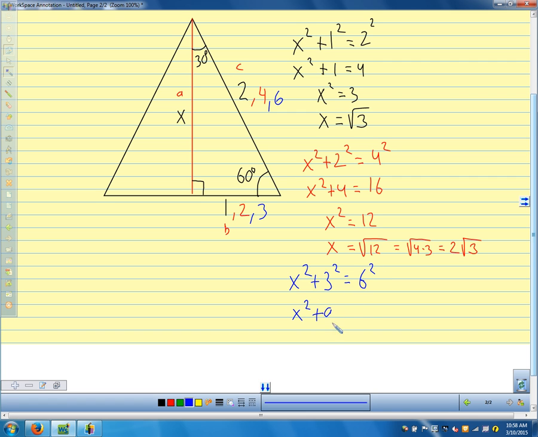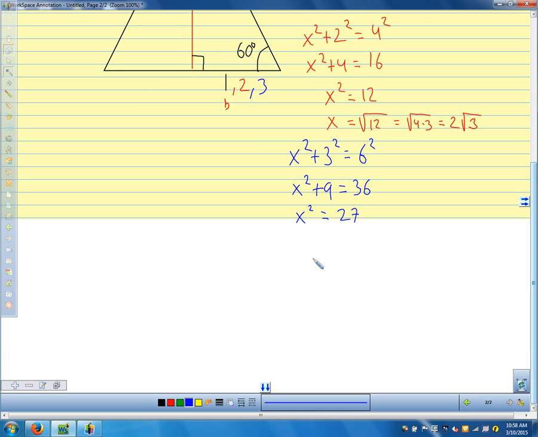So x squared plus 9 is 36. Subtract 9. X squared, 36 minus 9 is 27. And then we want to take the square root of 27, which is 9 times 3, and we get 3 square root of 3.